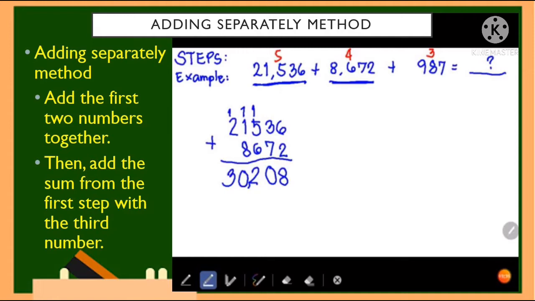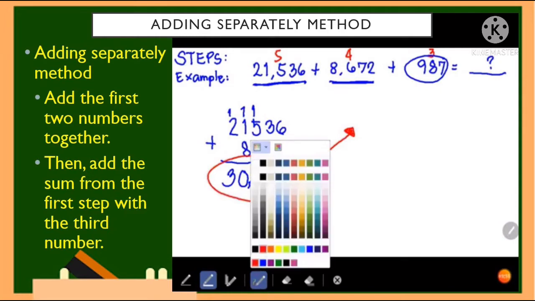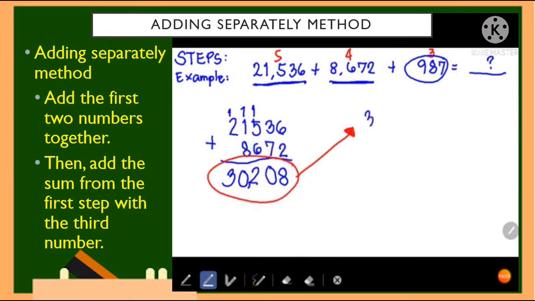Our second step is to add the sum from the first step with the third number. That's the third number. So what we're going to do is copy the sum here: 30,208.